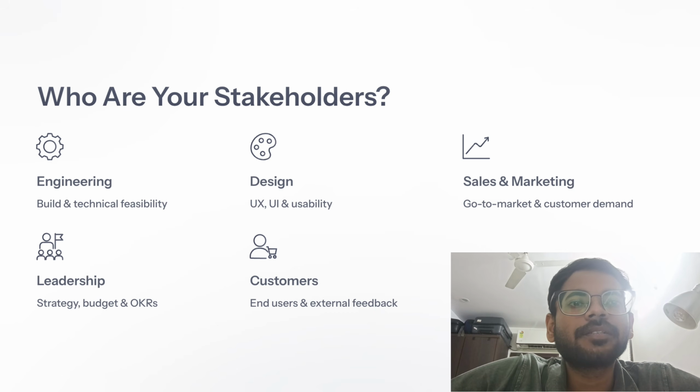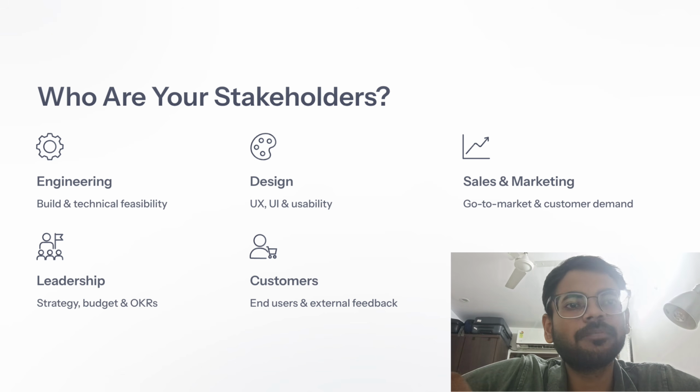For a product manager, the different stakeholders are engineering, design, sales, marketing, leadership, support, finance, legal, etc. And a product manager needs to communicate to all these stakeholders in a different manner.